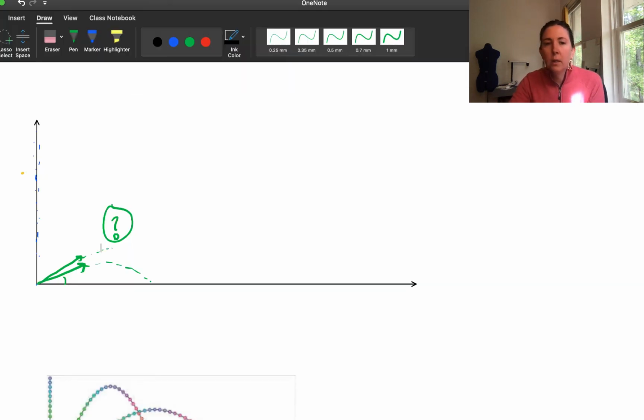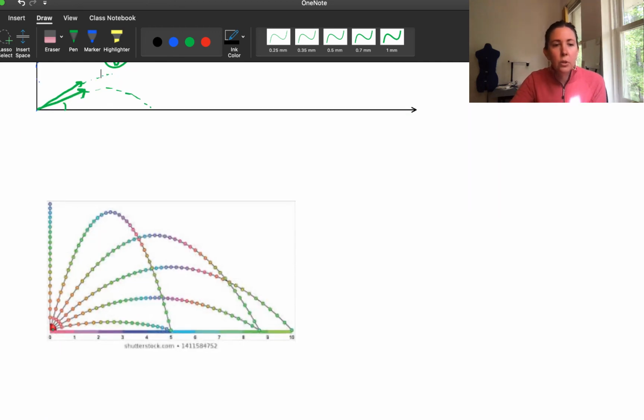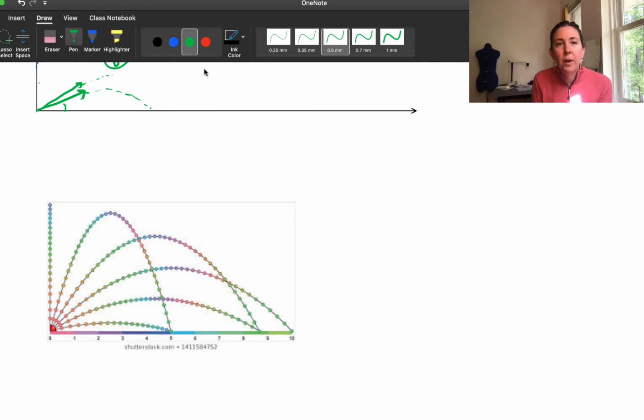So I'm going to come back to here and just show you this picture. So this angle here, small angle, and this angle here, big angle, give you the same range, in this case 5. And so how is this little angle related to this big angle?